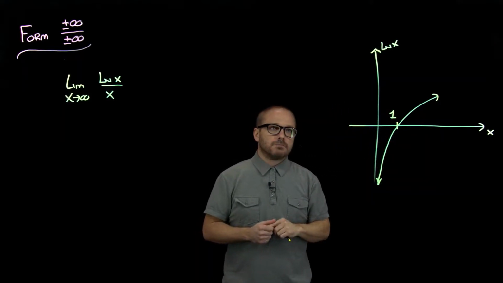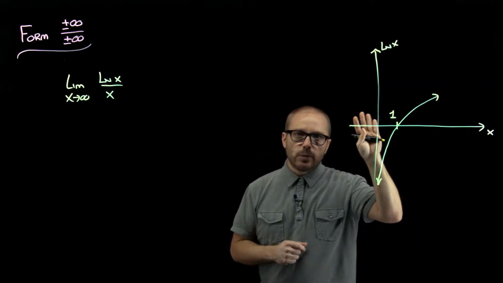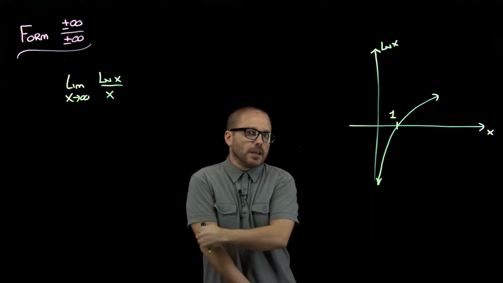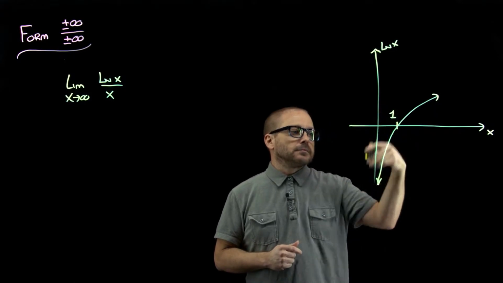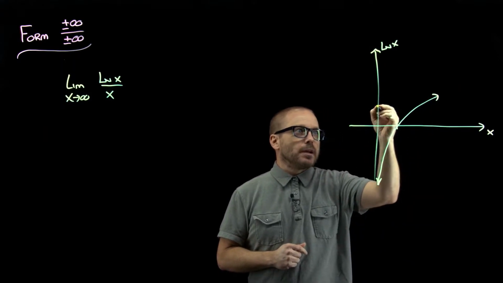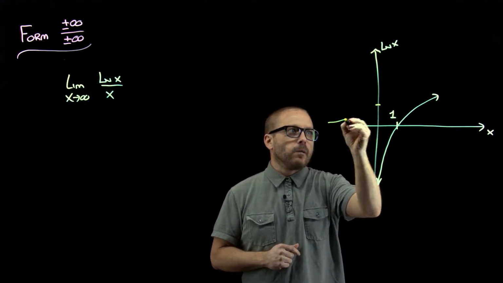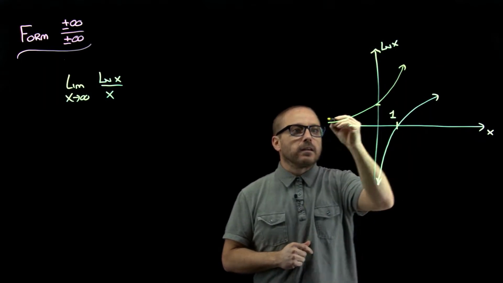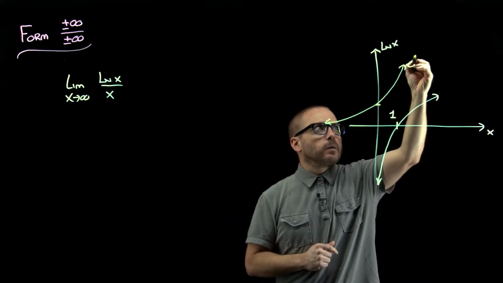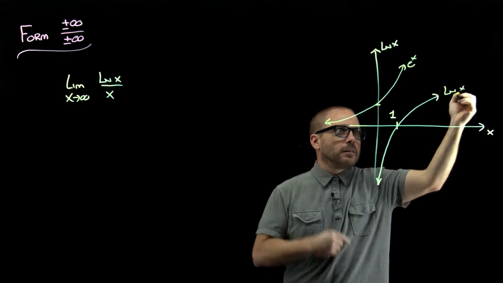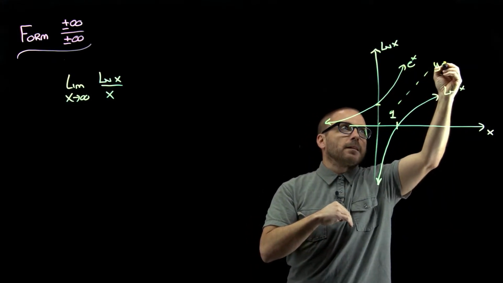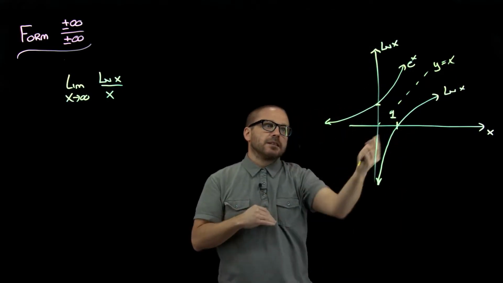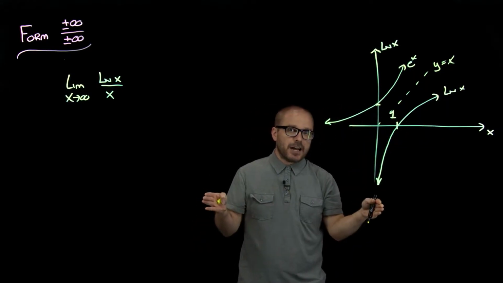And if you recall, we defined the natural log to be the inverse of e to the x. So we really know that behavior because if you flip that over the line y equal x, that should be the picture of natural log because it's defined to be the inverse.